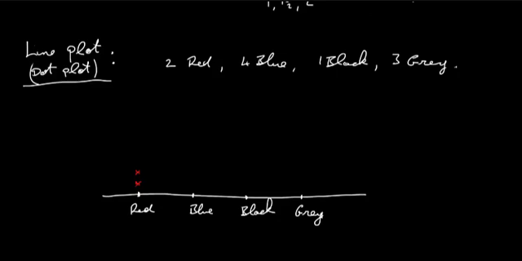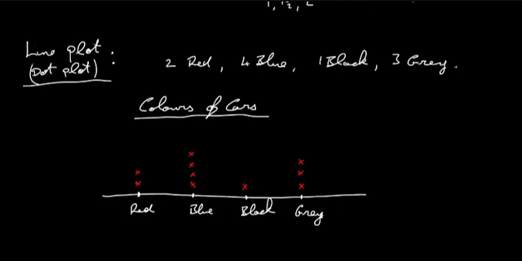That represents 2 red cars. 4 blue cars would be just 1, 2, 3, 4. 1 black car, just 1 X, and then 3 gray cars, so we've got 1, 2, 3. We would put a title in as well, let's say colors of cars. And these dots then represent the number of each colored car.